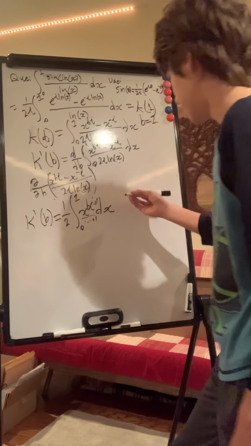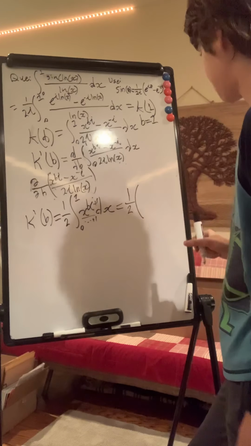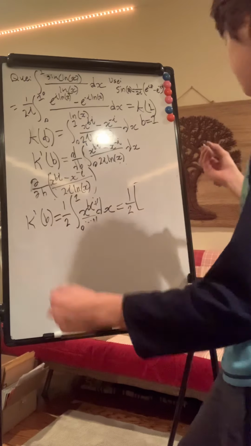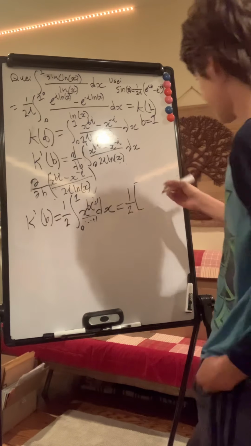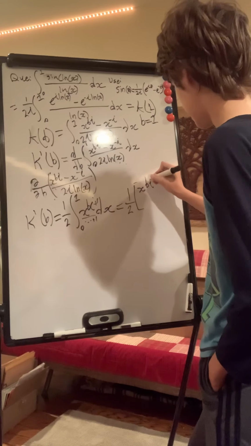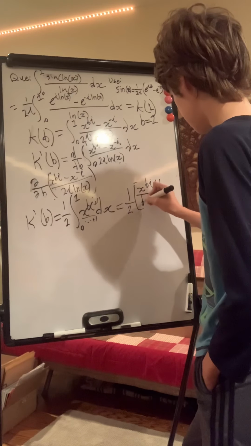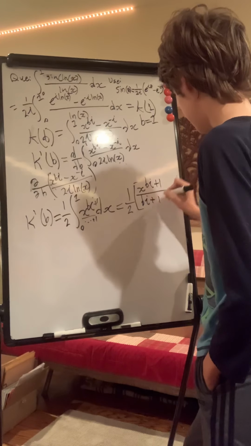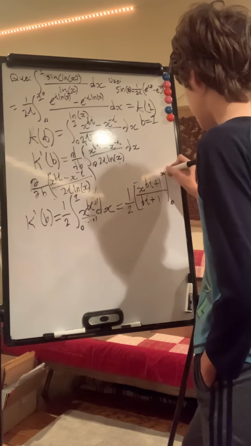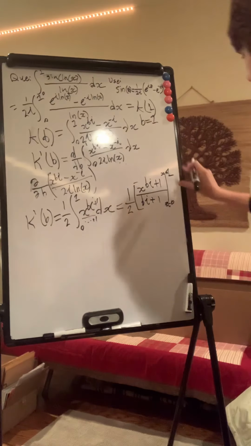So this equals 1/2 times, we'll do it in brackets, as such: x to the bi plus 1 over bi plus 1. And evaluate this from 0 to 1, with x equals, of course, because this integral is in terms of x.